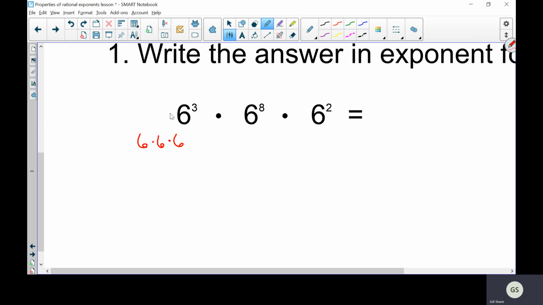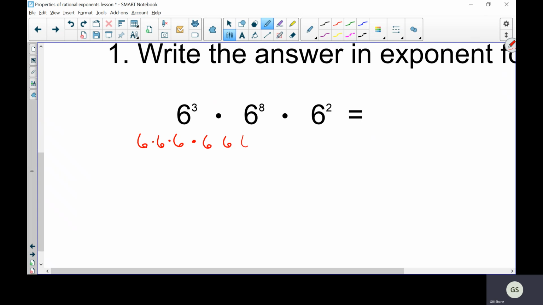And I'm never going to ask you to multiply stuff out. They might ask you on some worksheets, but I'm not going to ask you to do it on any quizzes or exit tickets. So we're just going to learn the rules. Now, using this as our model, if this means 6 times itself 3 times, then we'd be multiplying it times the 6 raised to the 8.